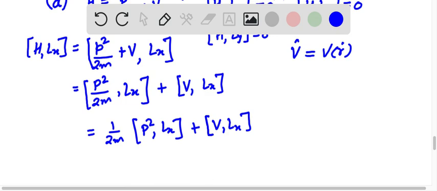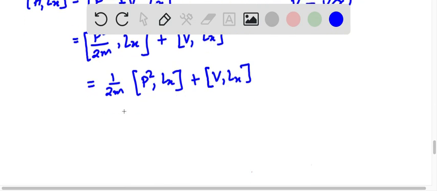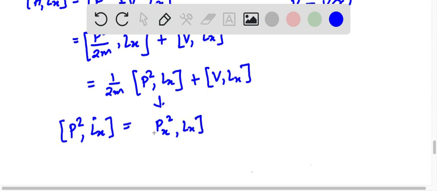So here we can prove that this [p square, Lx], let's find out this value first. So this [p square, Lx] is equal to [px square, Lx] plus [py square, Lx] plus [pz square, Lx].